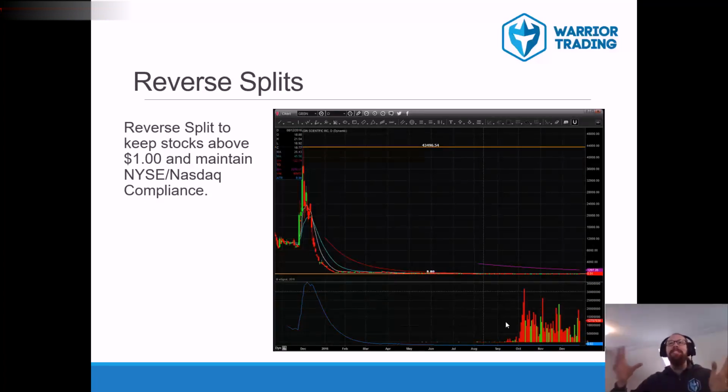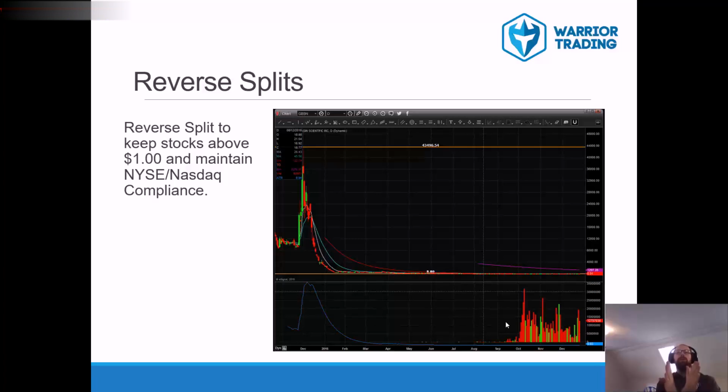Okay, so a reverse split is a ridiculous thing where, if the stock is trading at 10 cents per share, a company can do a 10-to-1 reverse split. That means that if you hold 10,000 shares right now at 10 cents, the next day you'll be holding 1,000 shares at $1.